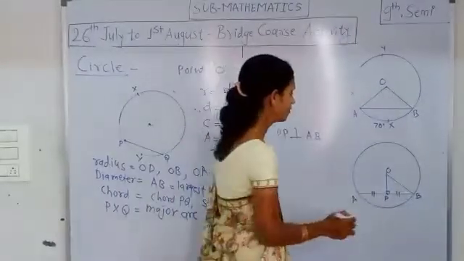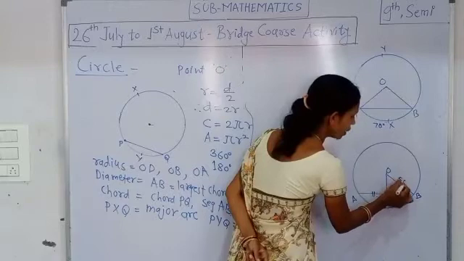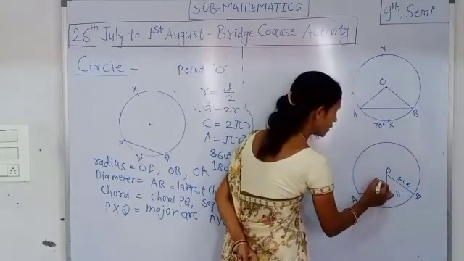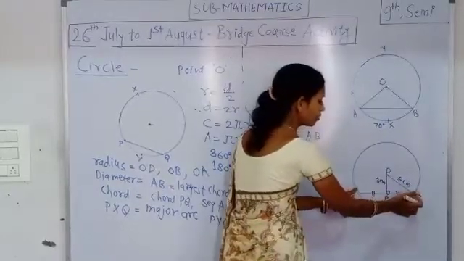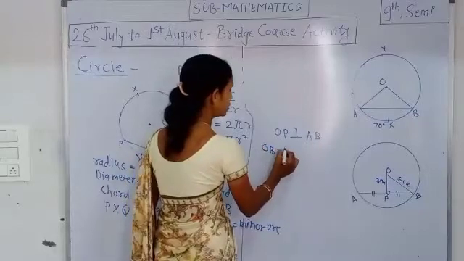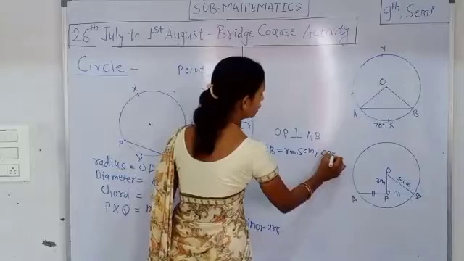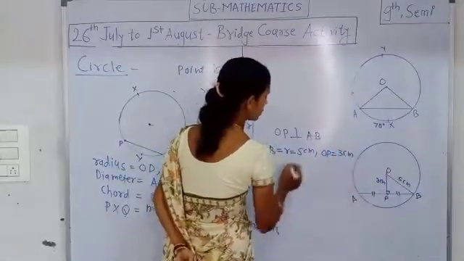Then see here, if OB is a radius of 5 cm and OP, the distance of the chord from the center, is 3 cm, then we can find out the length of that chord. OB, that is the radius, is 5 cm, and OP is 3 cm.